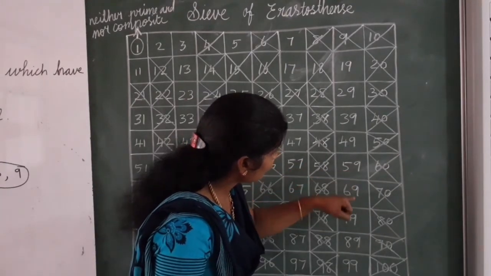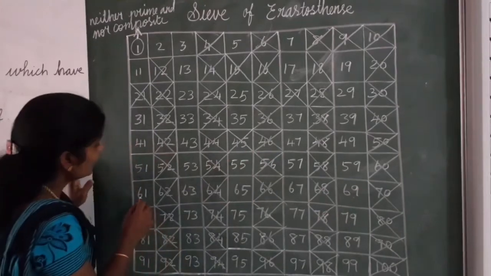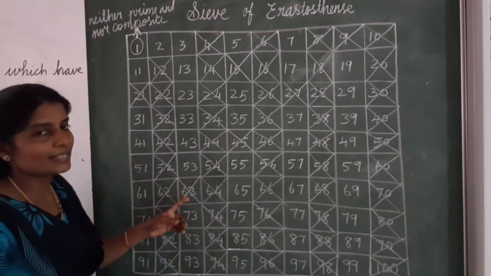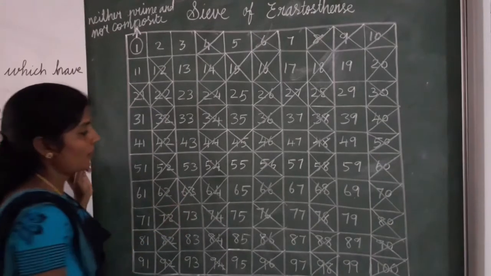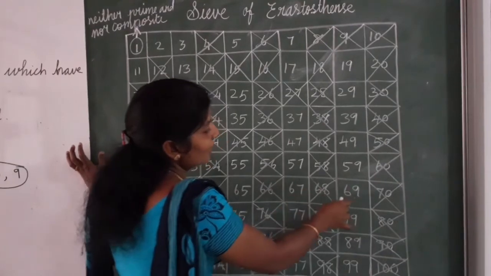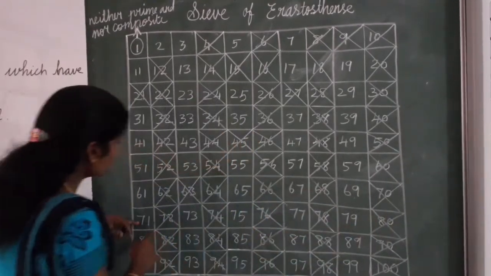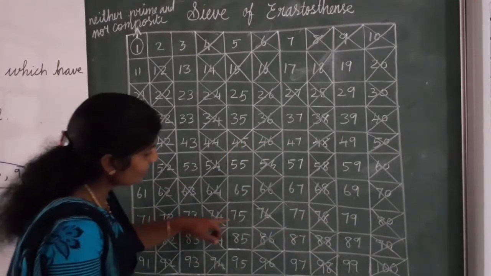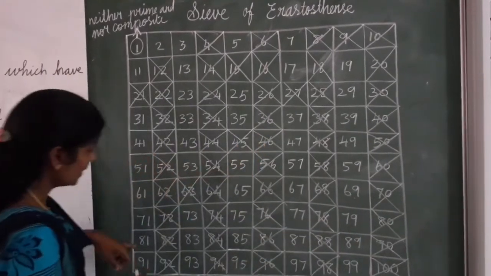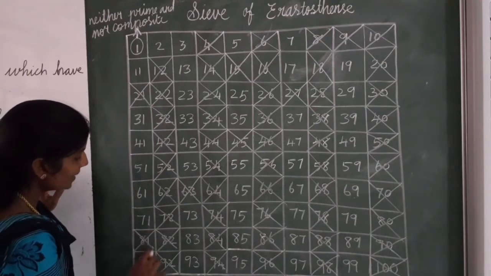Multiples of 3. Now here 63 is a multiple of 3. 63 divided by 3 gives remainder 0. Here 69, then 75, then 81, a multiple of 3.